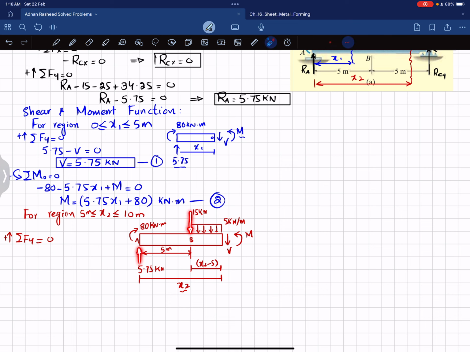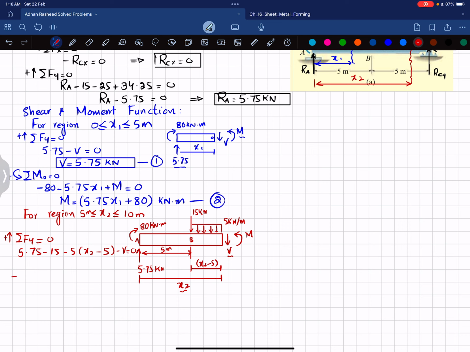The second one is this 50 minus 15. And the third one is this distributed load multiplied by the length over which it acts. So I can write it 5.75 minus 15 minus 5 multiplied by x2 minus 5. And the last one is this shear force minus V is equal to 0.